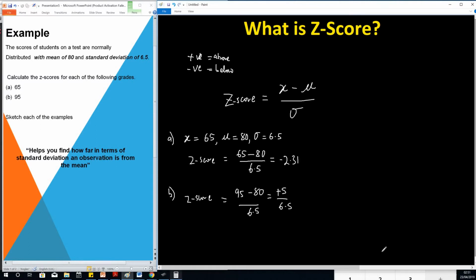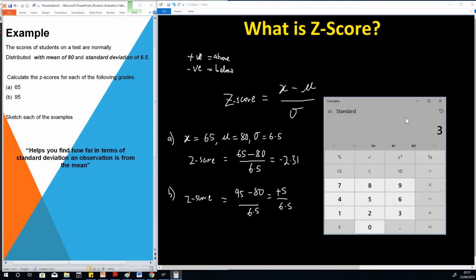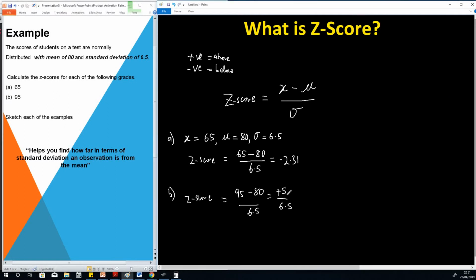Let me use a calculator: 15 divided by 6.5, and that will give us approximately 2.31. So it means that a grade of 95 is 2.31 standard deviations above the mean.